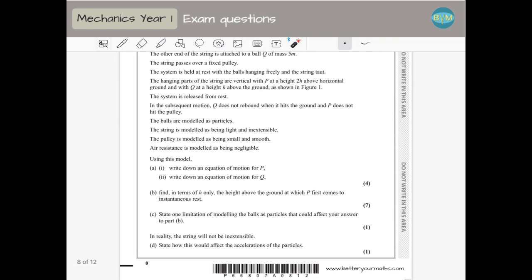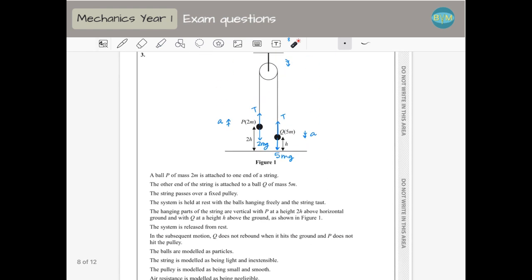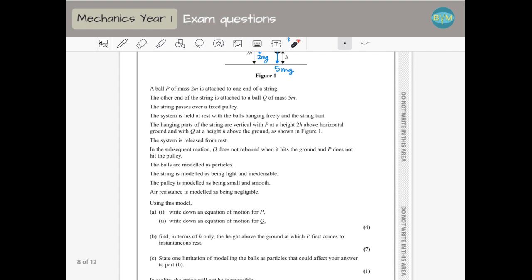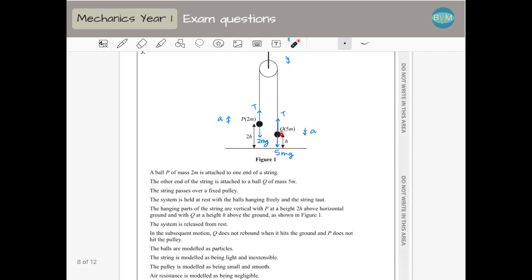The last couple of things is state one limitation of modeling the balls as particles that could affect your answer to part B. Part B is an h. So if this is modeled as a particle, it won't have a shape, it won't have a volume. So it's like a dot moving. And a dot will move h, but maybe if I have a shape, this is not h. It says above the ground. Yeah, I would say the height moved, but the particle maybe is smaller than h, or even bigger.